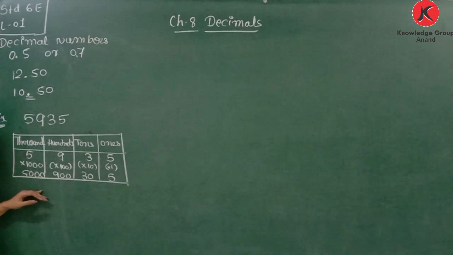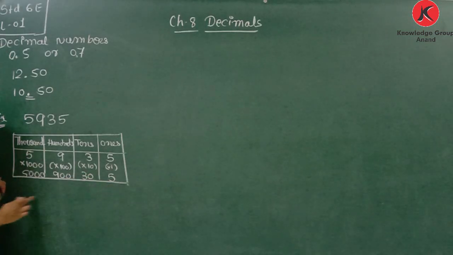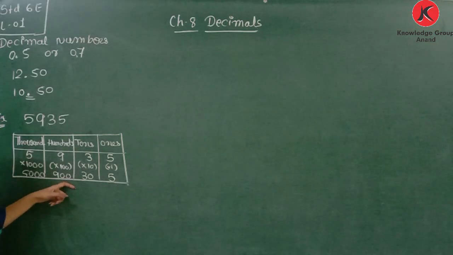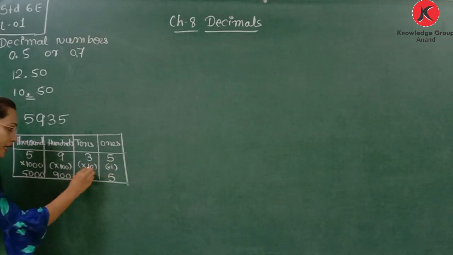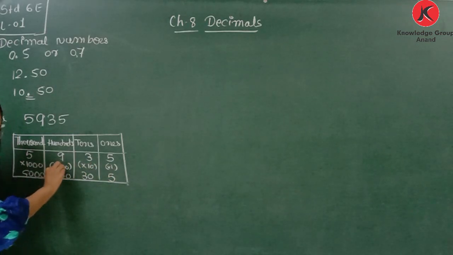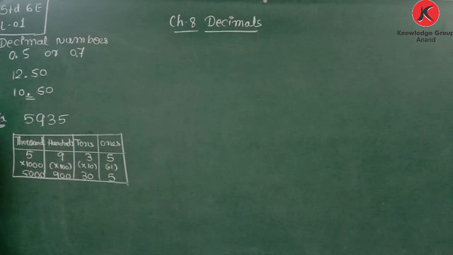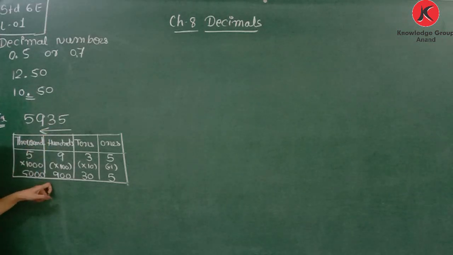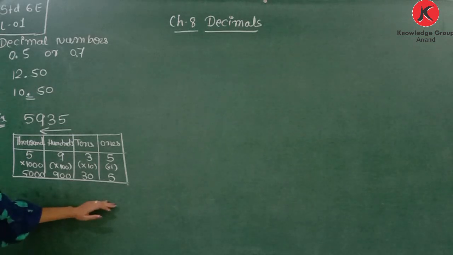Now you can observe that to get the place value of a digit, as we are moving to the left side, we are multiplying by 10. Here first we multiply with 1, then 10, then 10 is again multiplied with 10, so we get 100, then 100 is again multiplied with 10, so we get 1000. So as we move to the left, each place is 10 times the previous one.